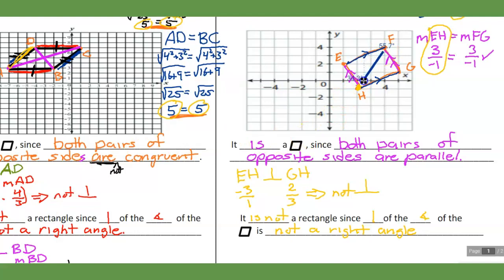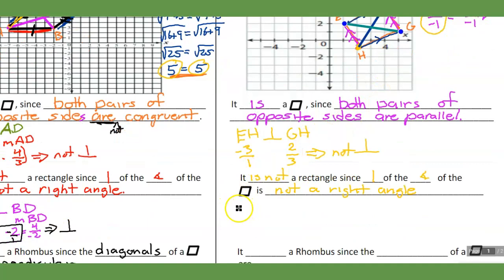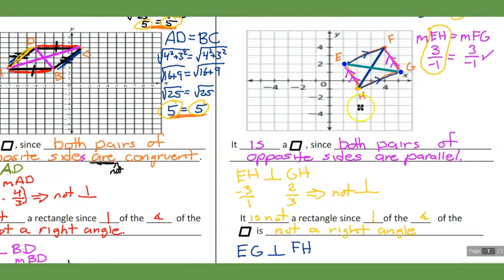So we got some diagonals to draw and find the slope of. There we go. Okay, so we're trying to show, is EG perpendicular to FH? And once again, we don't have those up here because these are diagonal, so we have to count them out.